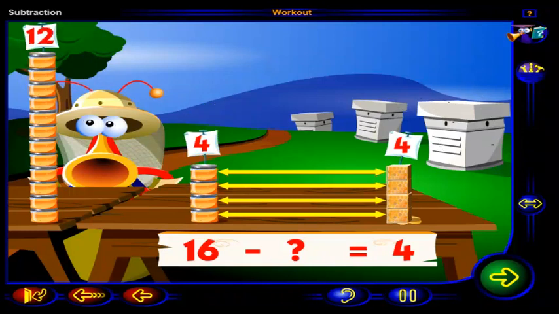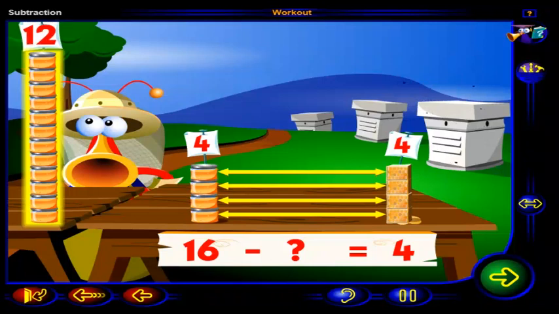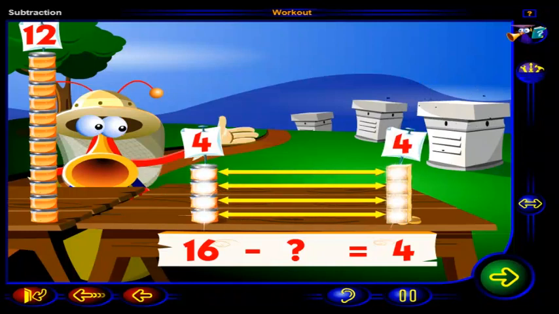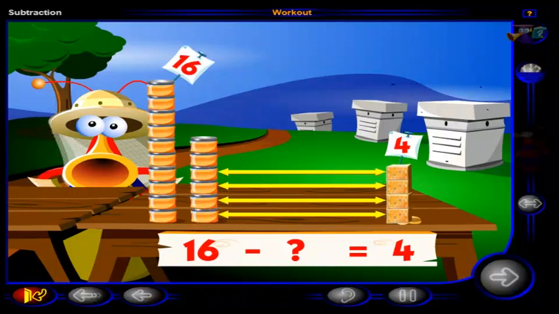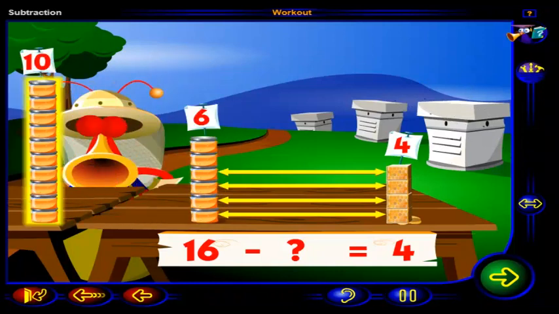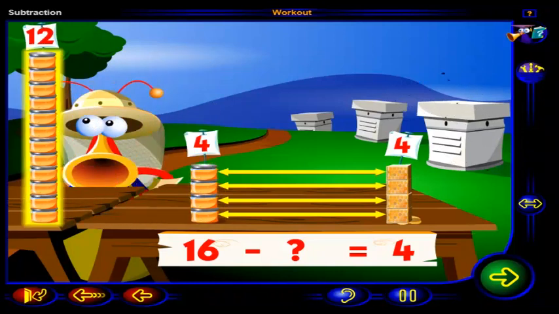We've taken away these 12 jars of honey, leaving us with 4 jars here. So now there are as many jars of honey here as there are honeycombs here. We started with 16 jars of honey and took away 10, and 2 more, 12, to get 4.